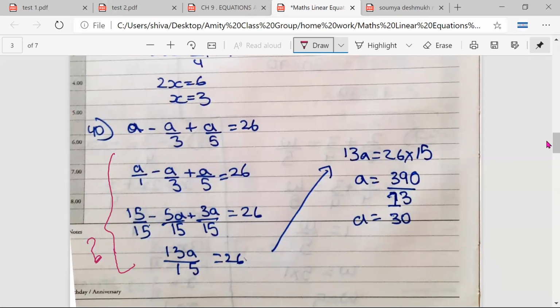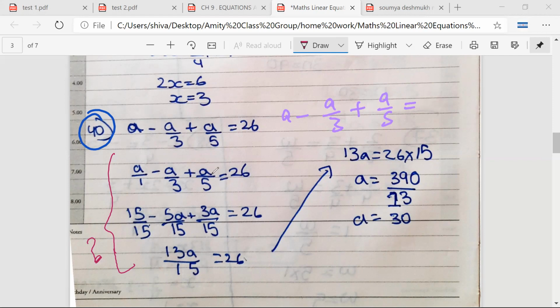There is some problem here also. So can you tell me what exactly is the question? Question number 40. What is the question? So question 40 is a minus a upon 3 plus a upon 5 is equal to 26.